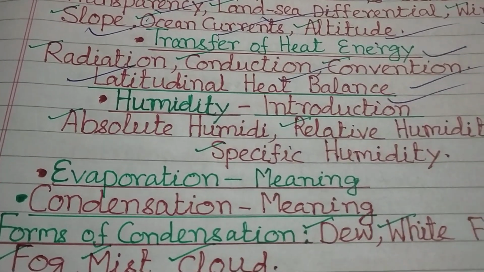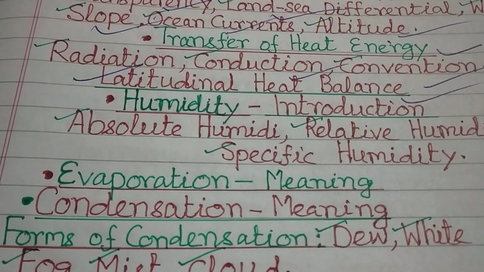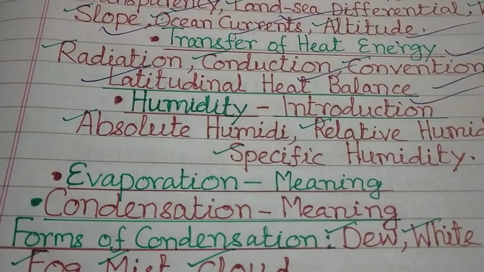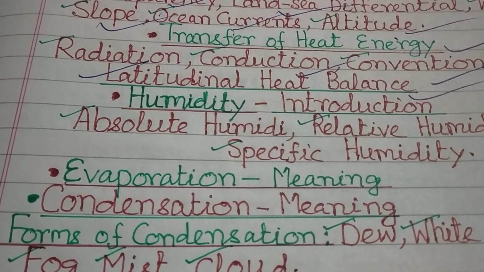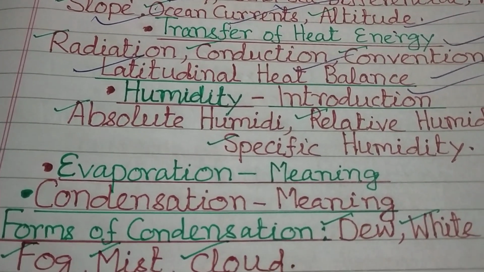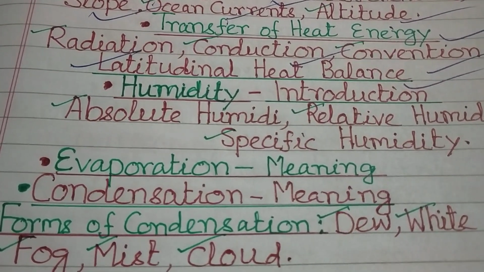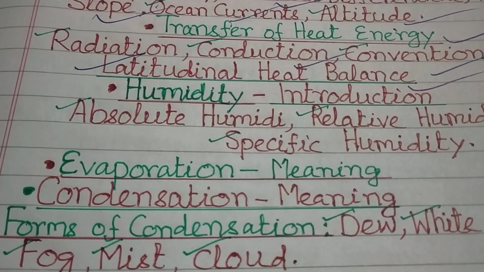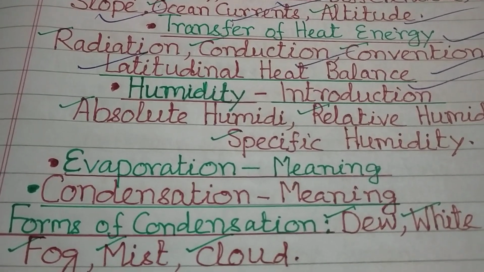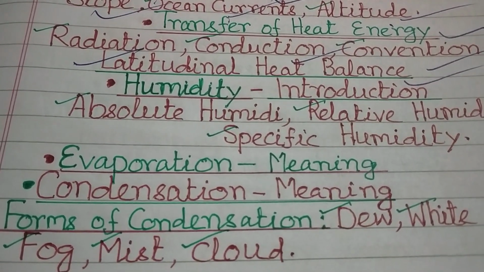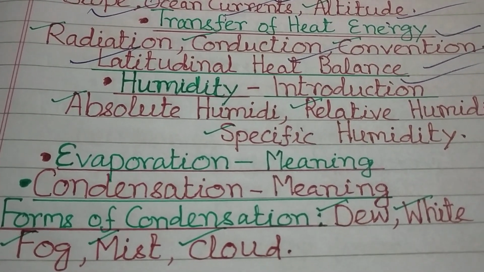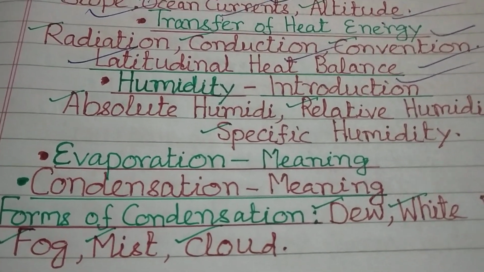The first mechanism is radiation, which means wave transmission from one body to another. It is possible in relatively empty space, for instance, from the sun to the earth through space.